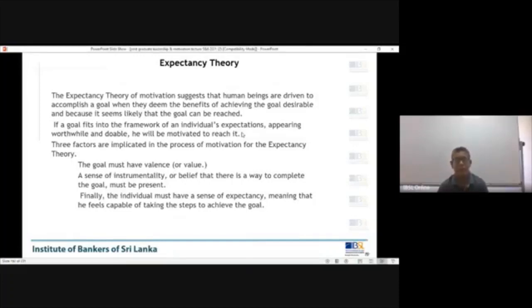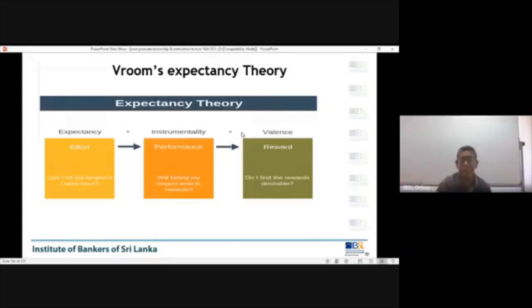Therefore the goal must have a valence, that means a value, a sense of instrumentality, or belief that there is a way to complete the goal. And finally, the individual must have a sense of expectancy, that means expectancy to achieve the goal.